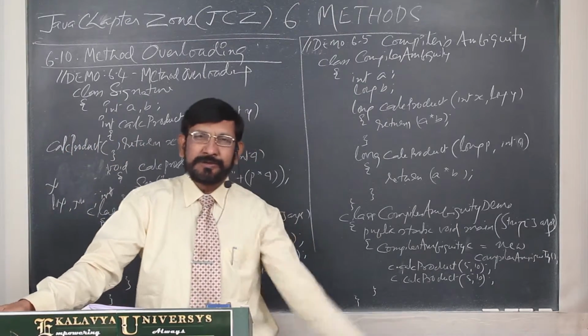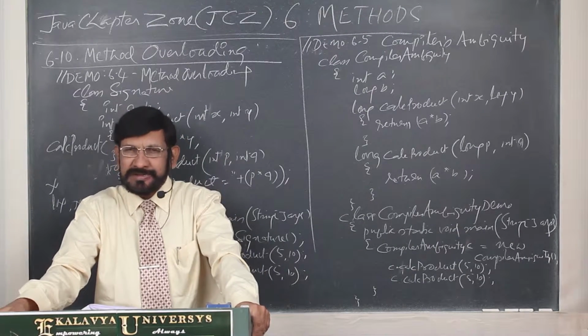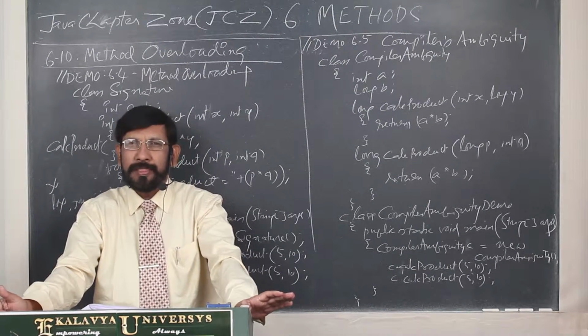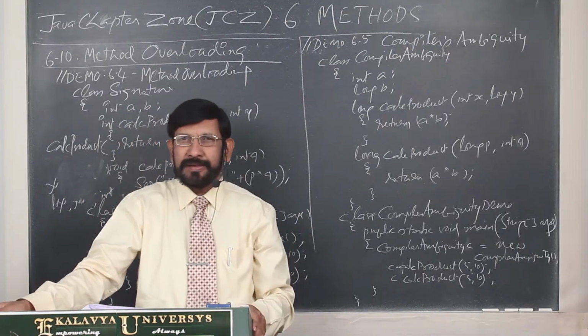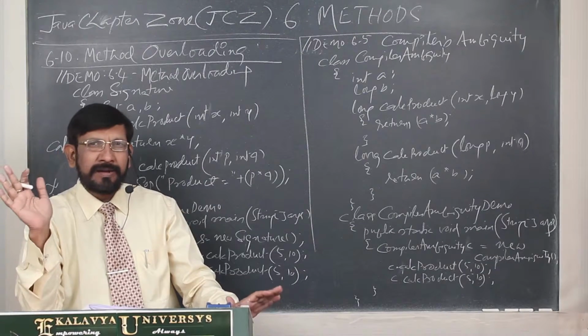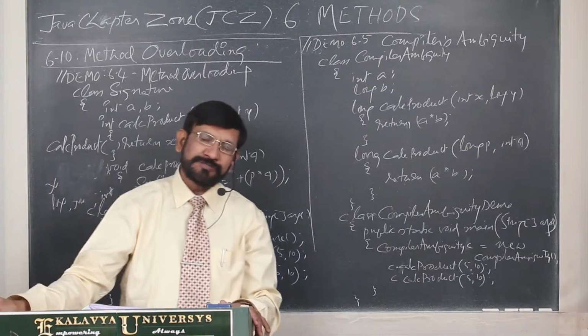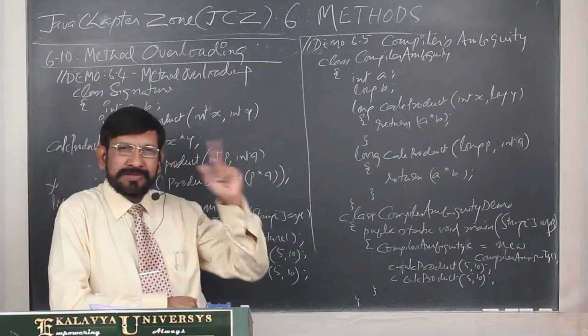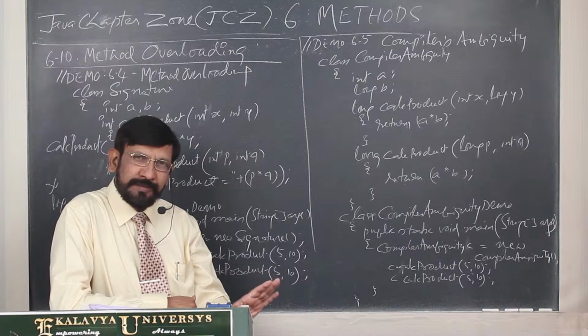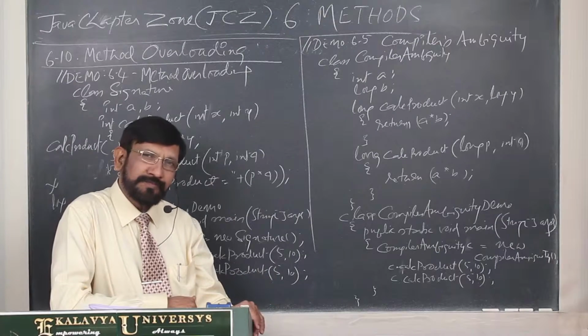One thing I must tell you: signature does not include the return type. Return type may be the same or different, and it is not taken into consideration. As long as the method signatures are different, using the same name has no problem.